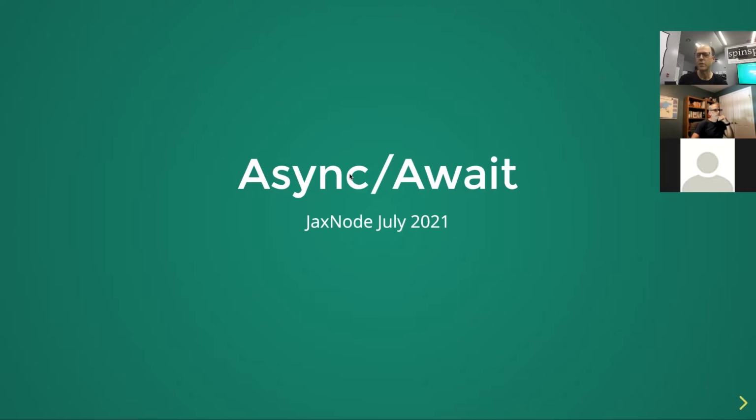I just recently wrote a blog post about Async and Await in Swift, the Swift programming language, which is the primary programming language now in the Apple ecosystem. We've actually had Async and Await for a number of years now in Node.js and JavaScript, and it's been in some other languages even longer than that.